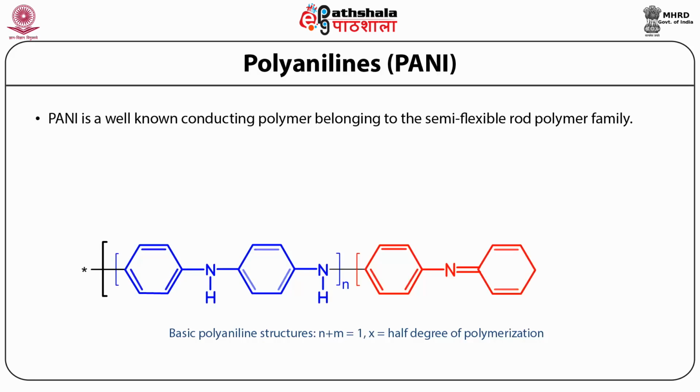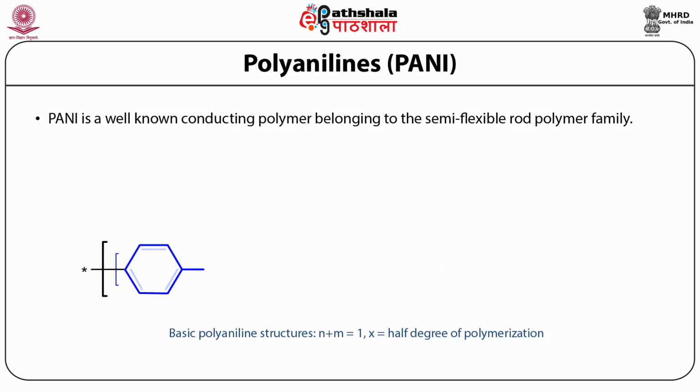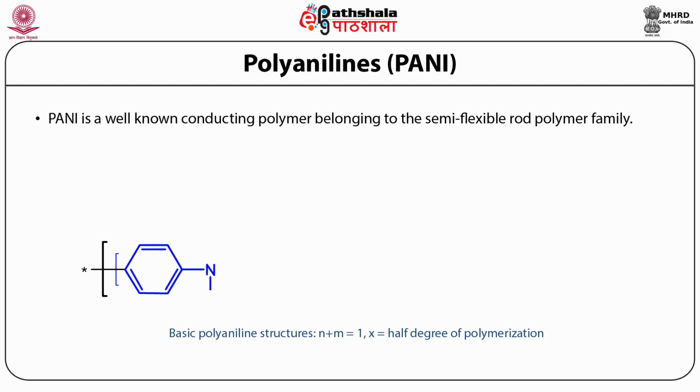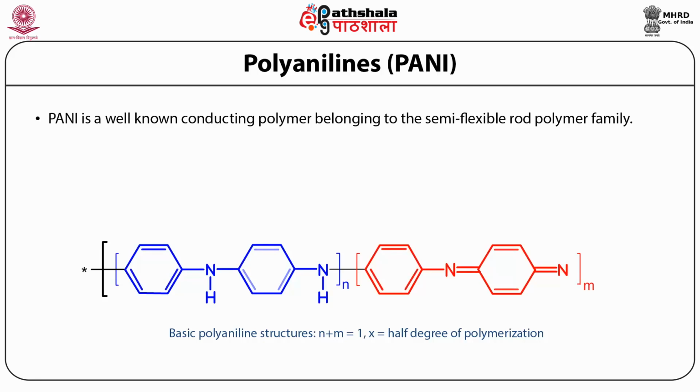Pani was first synthesized in 1862 by Letheby when he carried out electrochemical oxidation of aniline in sulfuric acid. Further studies carried out during 1910 to 1912 led to structure predictions.